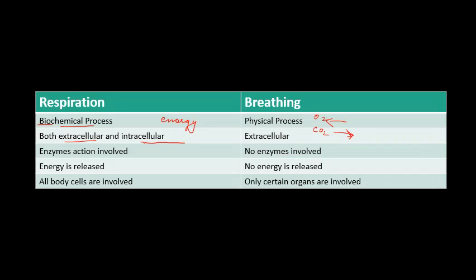So respiration involves both extracellular and intracellular respiration. And in breathing only an extracellular process takes place, that is taking in of oxygen and leaving out of carbon dioxide, and this process does not take place inside the cell, it takes place outside the cell with the help of some organs.